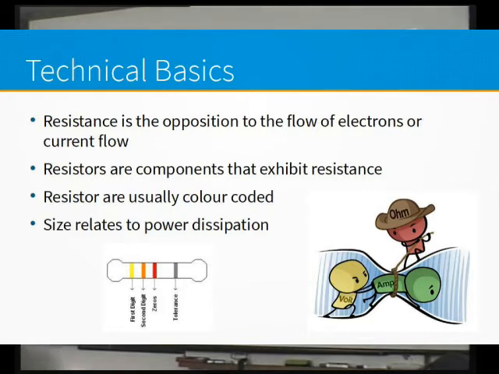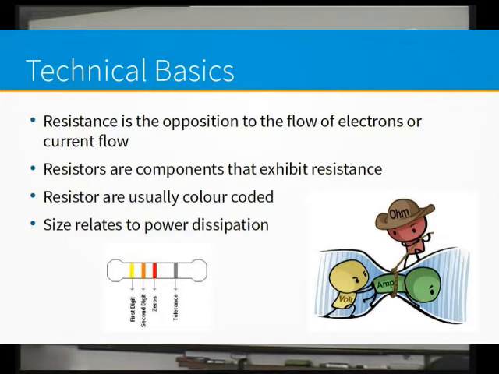They're usually very small components, so they have a particular colour code that they use. They're too small to write a number on, so you put coloured bands on it. And the size of the resistor matters, because a resistor resists the flow of electrons, but in resisting it has to convert that energy into something else.